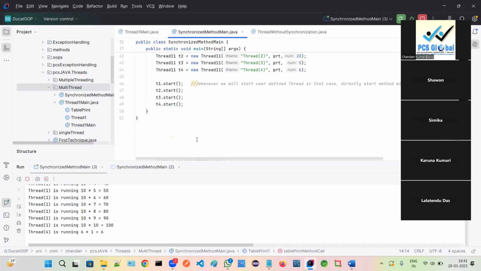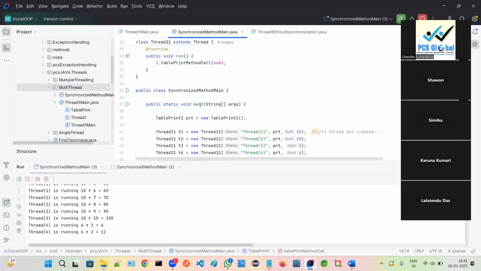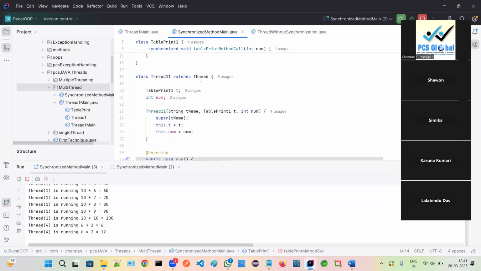Clear? Thread priority we have learned. Now, data inconsistency: when multiple threads are running, how to restrict data inconsistency using either a synchronized method or a synchronized block, we have seen so far. Clear or not?